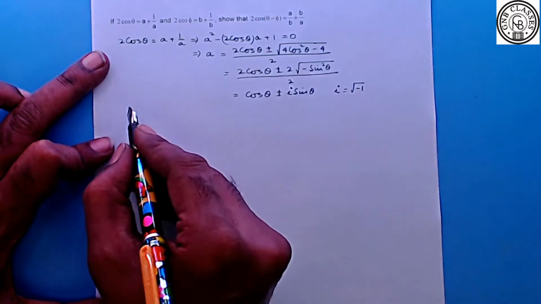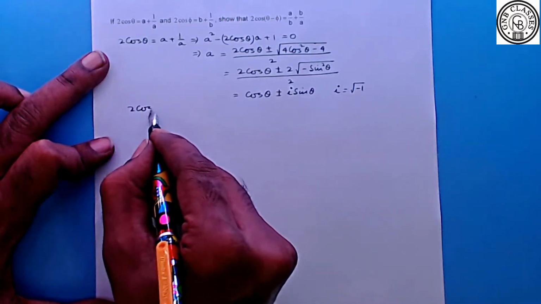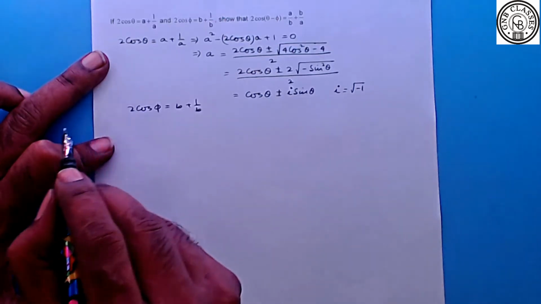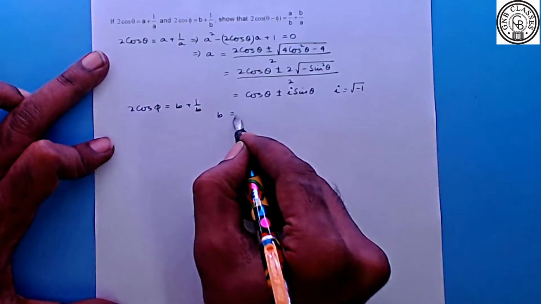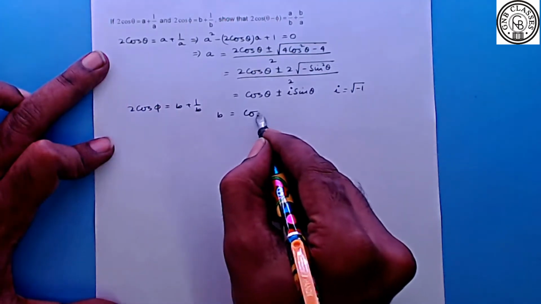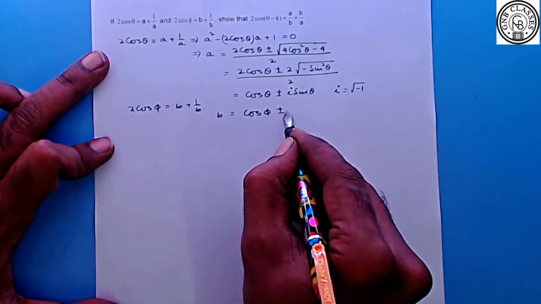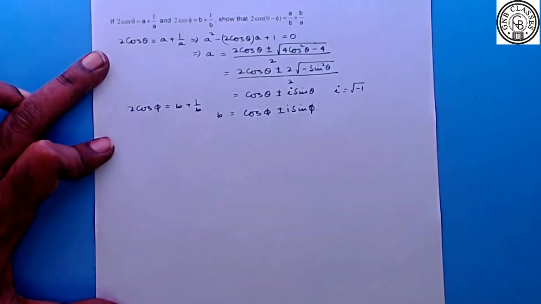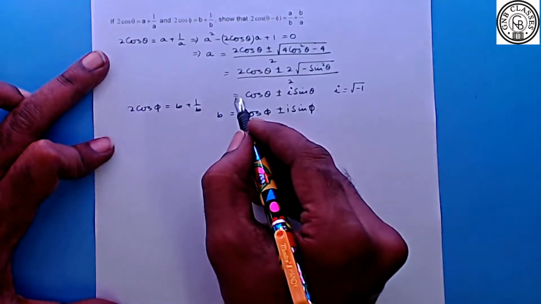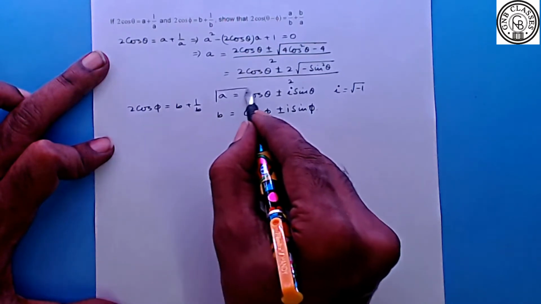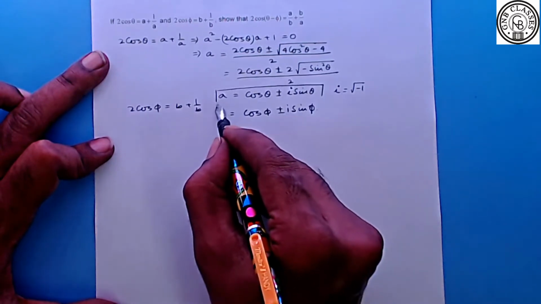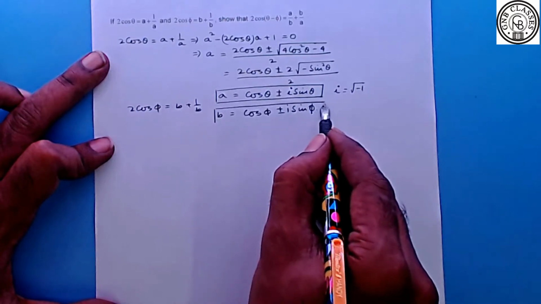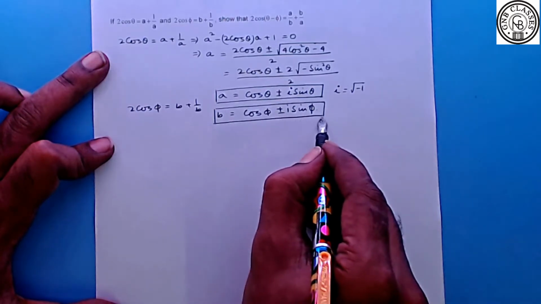Okay? Similarly, from 2 cos phi equals b plus 1 by b, we can get b is nothing but cos phi plus minus iota sin phi. Is it clear or not? So a is cos theta plus minus iota sin theta, and b is cos phi plus minus iota sin phi.